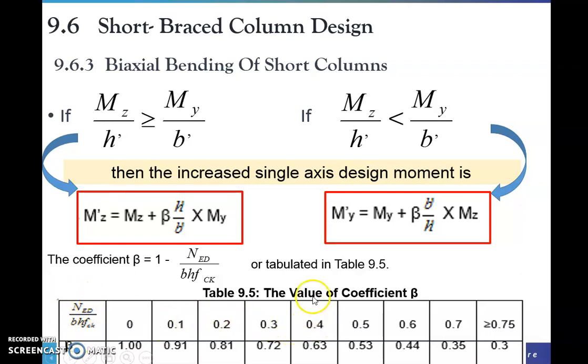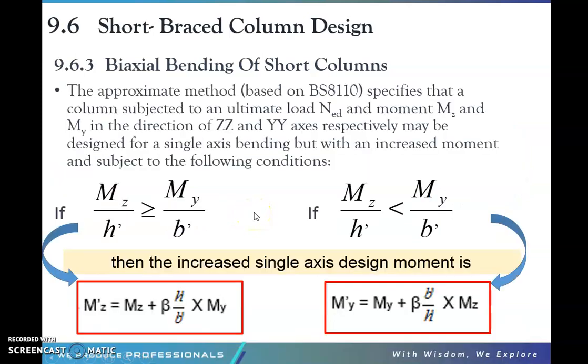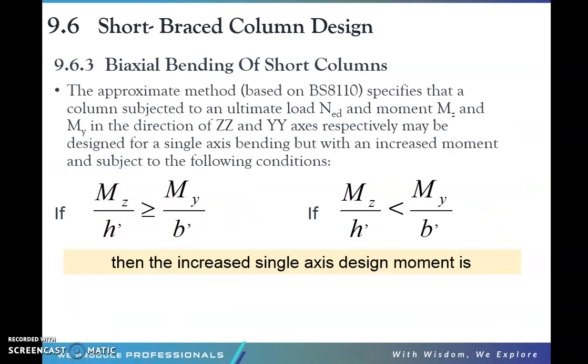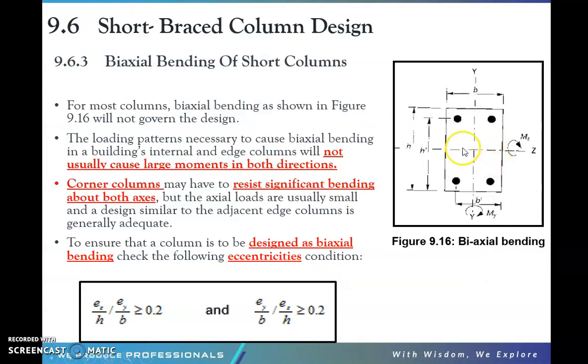Okay, h prime and b prime, mana location dia? H adalah ini, h prime adalah dia minus dia punya nilai d. Sama juga dengan b. So b adalah ini, b prime adalah minus with the nilai d towards b.